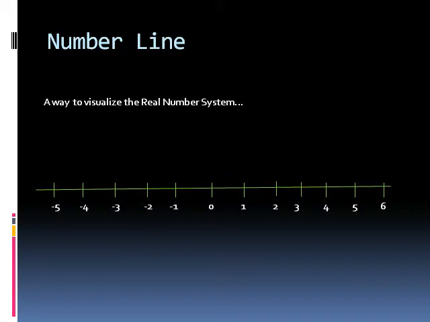Before we get on to looking at number relationships, let's look at a tool for visualizing the number system. This is called the number line, and the number line is good for you to mark where the numbers are, the relationship between numbers, and it's very good when you are solving problems in algebra, especially ones that have inequalities or greater than or less than associations.